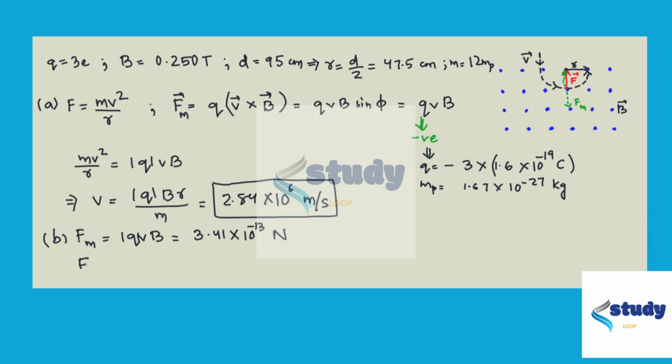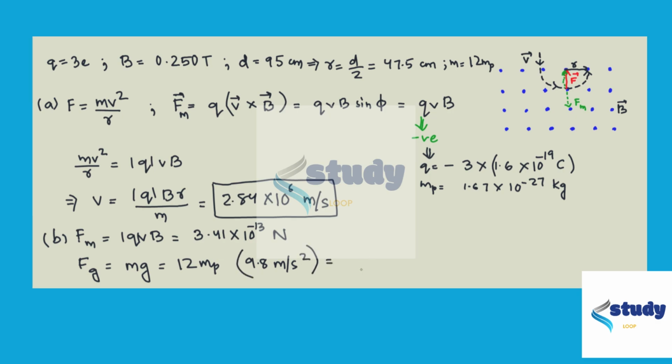Now we find the gravitational force, which is mass times gravity. The mass is 12 times the mass of a proton, and gravity is 9.8 meters per second squared.